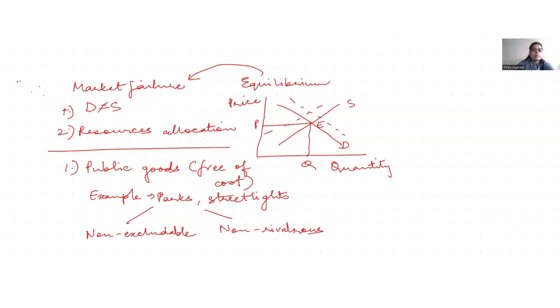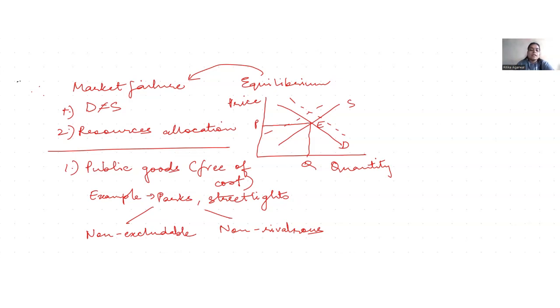Okay. So excludability means that if one person is using one particular good, the other person will not be able to use that particular good. So coming back to public goods, they are non-excludable.